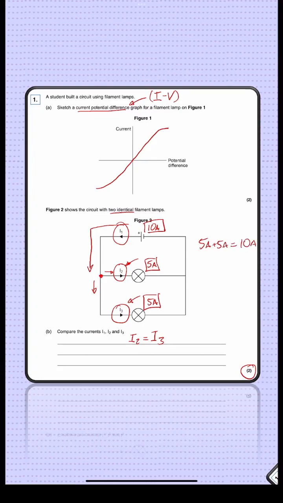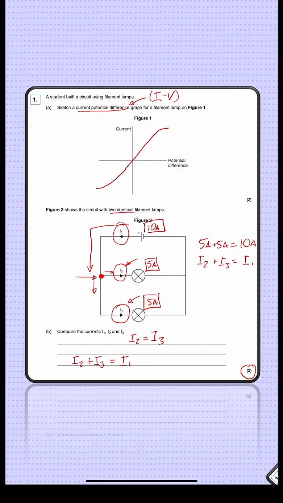So that's saying I2 plus I3 is equal to I1. If you write that, you should get the mark. The reason is that current splits in a parallel circuit. Whenever it reaches a junction like this, the current will split.